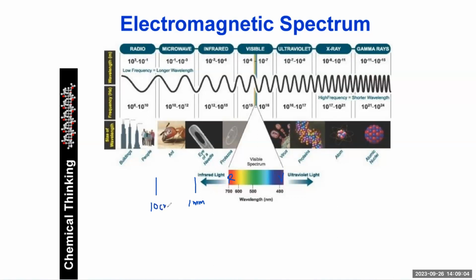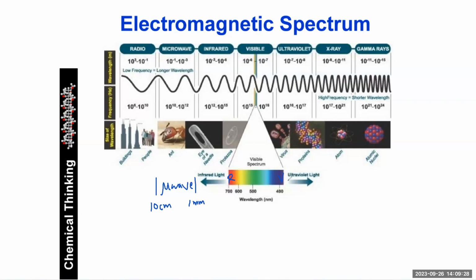I'm going to use mu wave to indicate microwave. And then we don't care about the radio wave, which is longer than that, because in our class we only go from microwave to UV. On the other side, we have beyond violet. What do we have beyond violet?